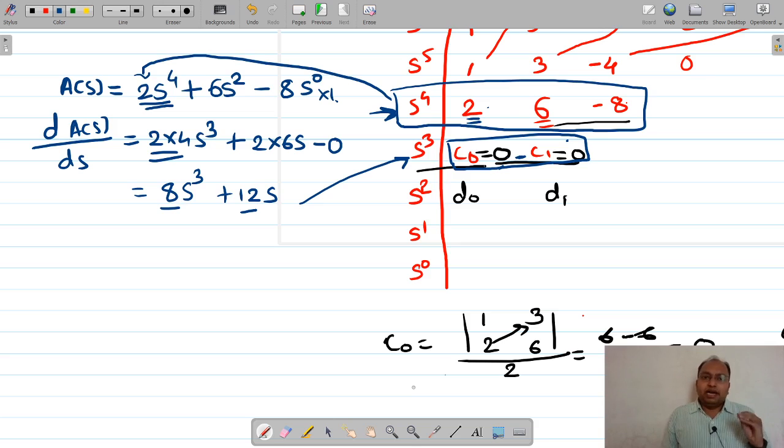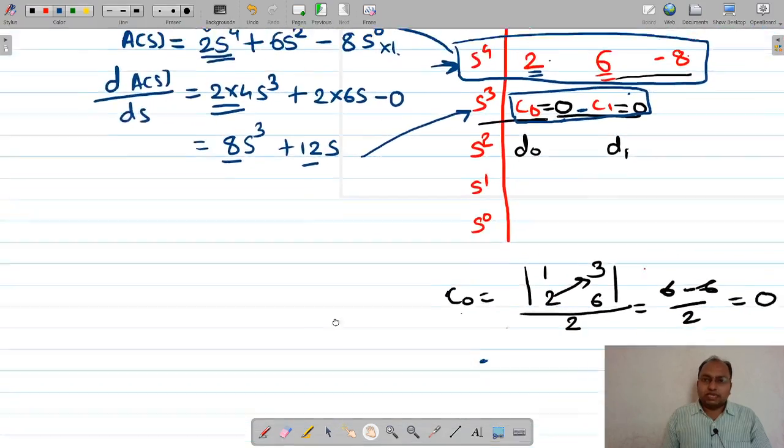Then you take the derivative of that, and whatever the derivative coefficients are there, you just put them in place of those zeros. Then you just compute the other values as we used to proceed further. Okay, so let us do that. I hope you understood this. Okay, so let us write this over here.